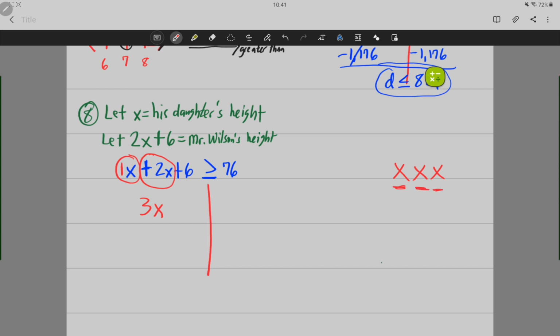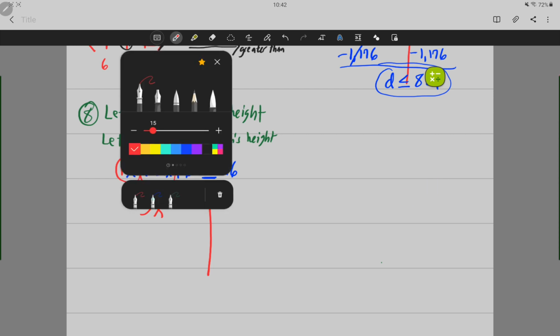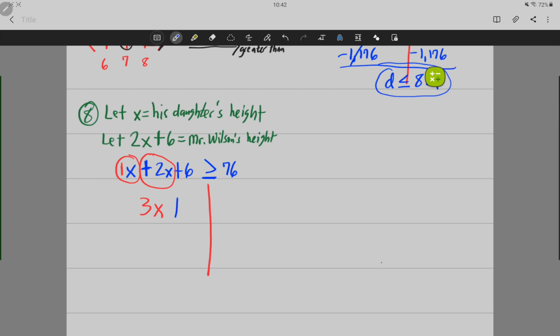Right, so sometimes drawing a picture in math can help us to visualize the problem a little bit better. So that's how we get x plus 2x as being 3x. Okay? All right, now we're just going to bring down the other terms that we haven't used yet. So plus 6 is greater than or equal to 76. And now we just have 2 more steps to go.